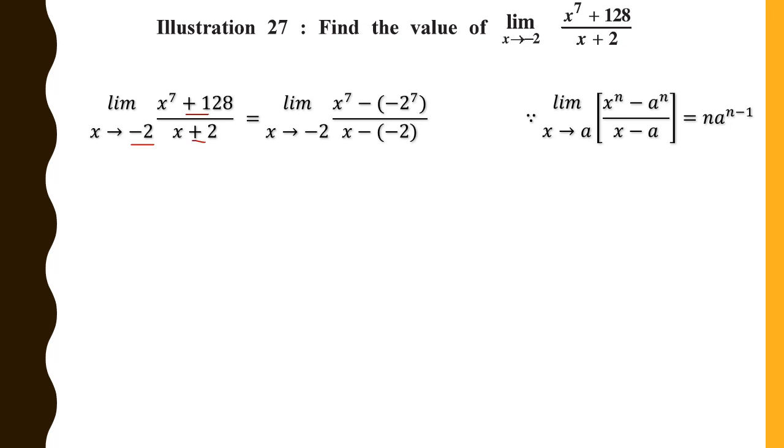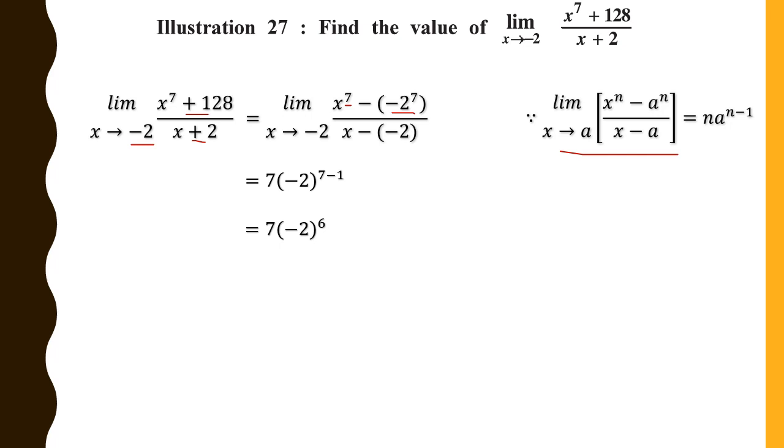Once we get this value according to our format, we just have to simplify it using the ready-made answer. The value of n here is 7 and a here is negative 2. We just have to put that into our equation here. So n is 7, a is negative 2, and in the power 7 minus 1. 7 minus 1 makes it 6.